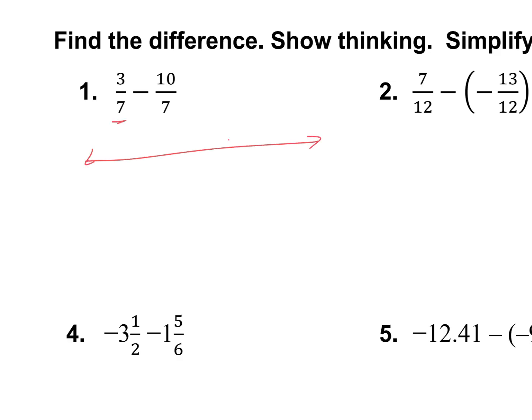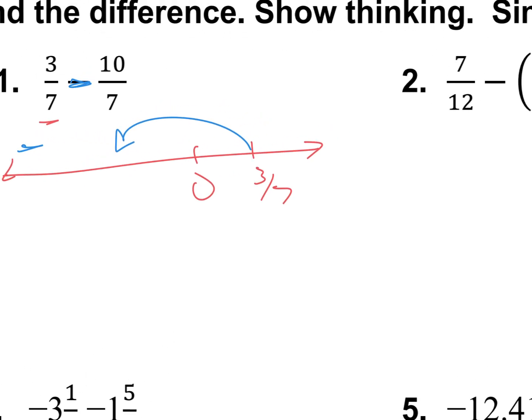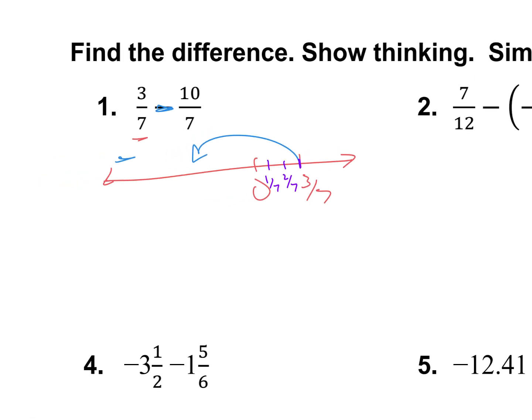I'm at 3/7. That's bigger than 0. I'm going in the negative direction 10/7. If we were to really break this number line down, here's 1/7, 2/7, 3/7. So to go 10/7 in this direction is negative 1/7, negative 2/7, negative 3/7.